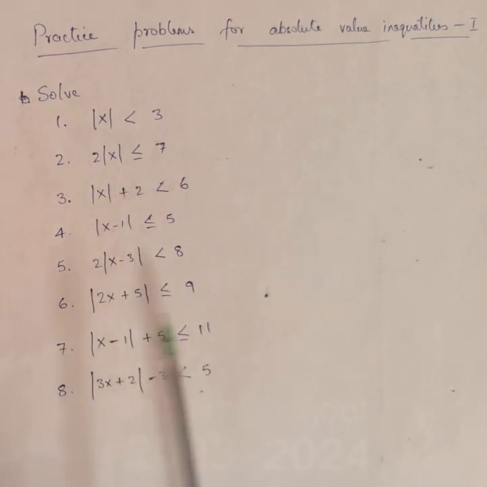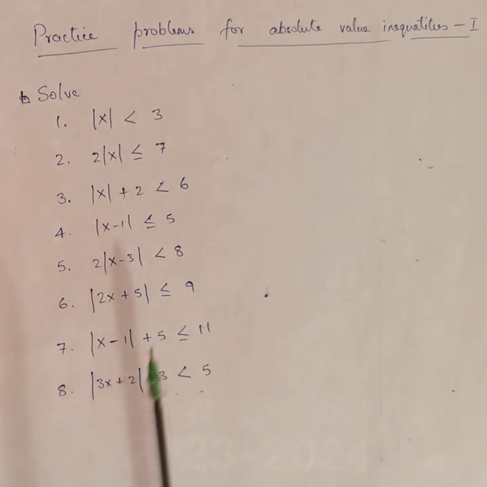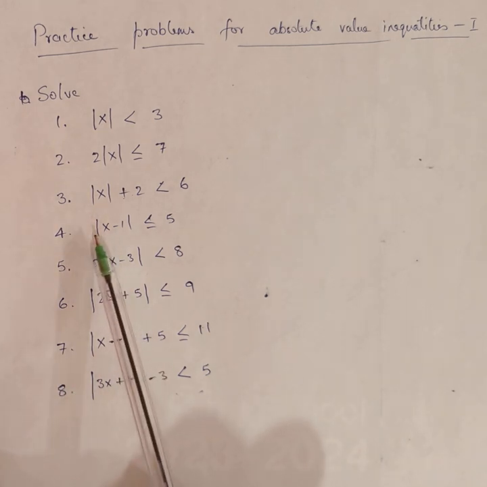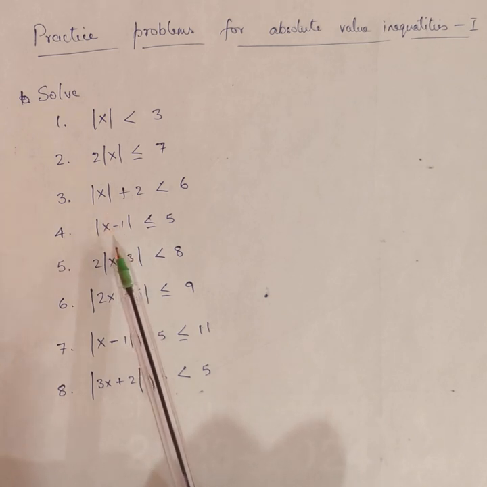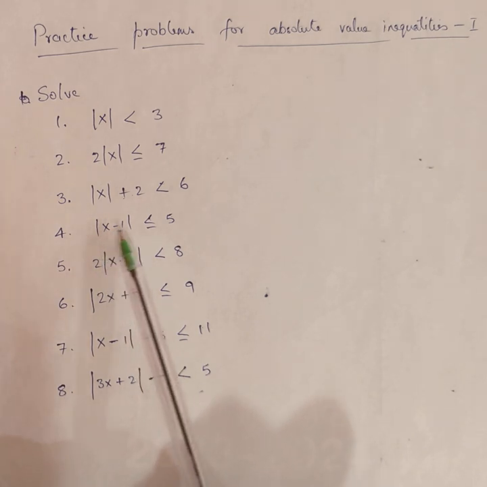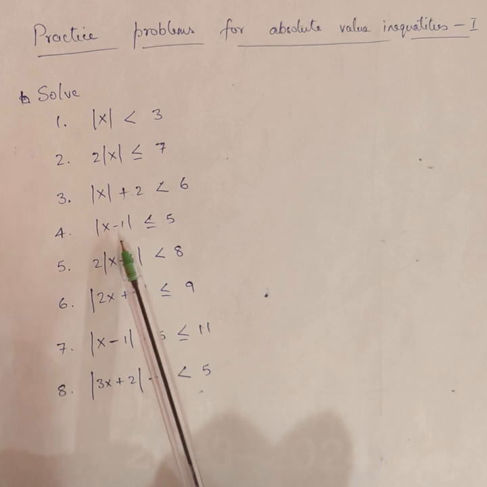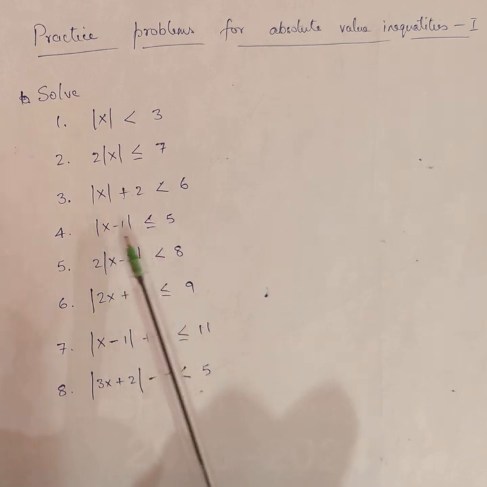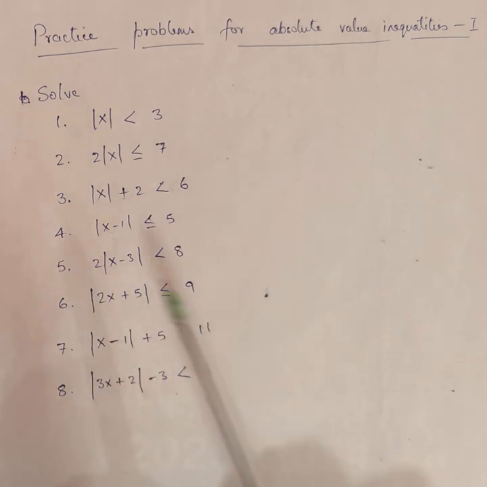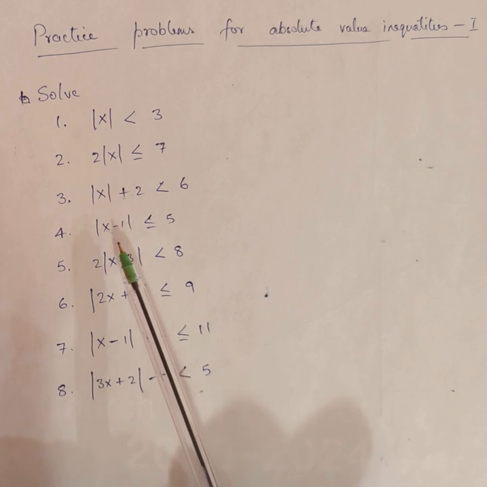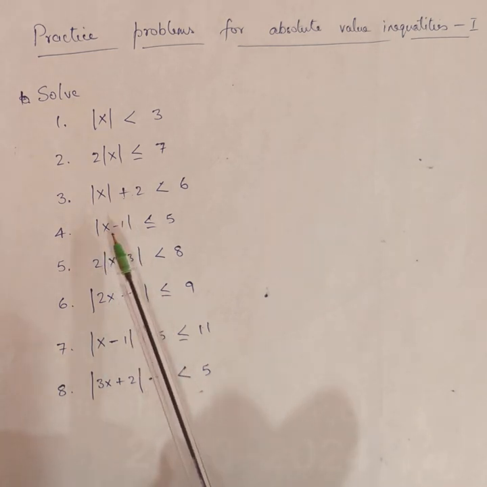So notice what you need to do. You got to subtract 2, right? Now, number 4, you have absolute value, but it's not just absolute value of the variable. You have x minus 1. So you'll sandwich this quantity between negative 5 and positive 5 and then add 1 on every side to solve for that.